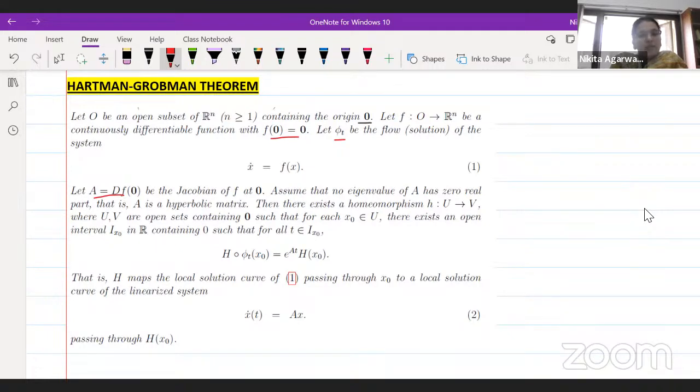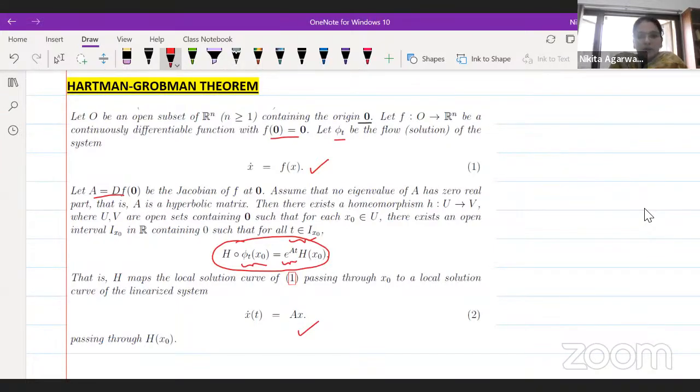Then there exists a homeomorphism H from U to V, where U and V are open sets containing 0, such that for each x0 in U, there is an open interval I x0 in R containing 0, such that for all t in this interval, there is a relationship between the dynamics of the nonlinear system with the dynamics of the linearized system at 0.